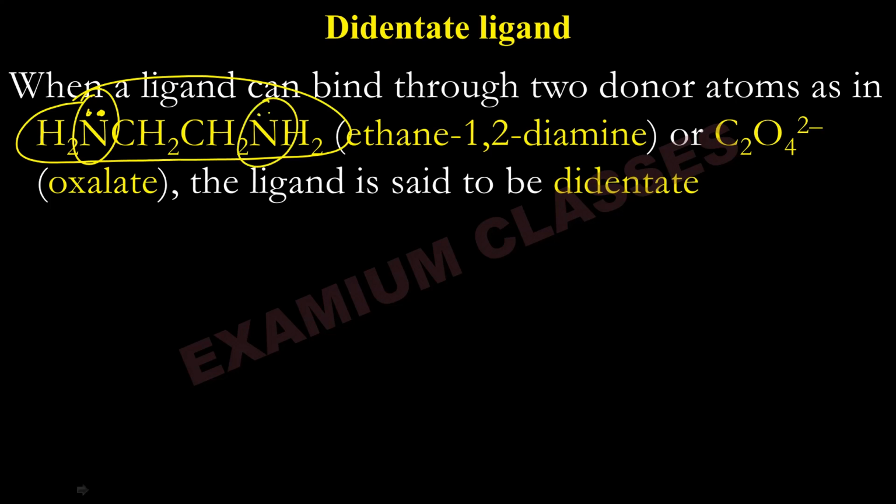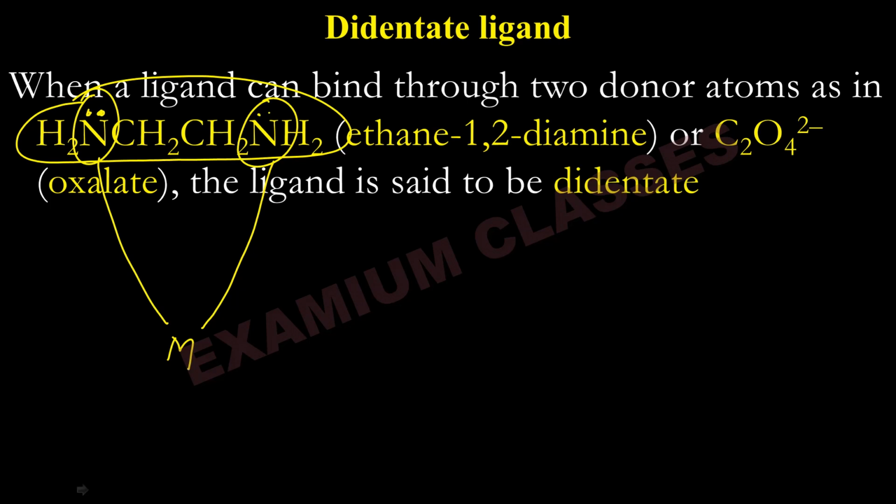This is ethane-1,2-diamine. It will get connected to the central metal atom from these two sides, and both will be connected. It's not that one at a time. So remember, in didentate this is the difference from ambidentate.